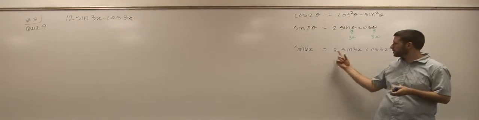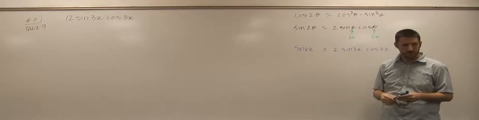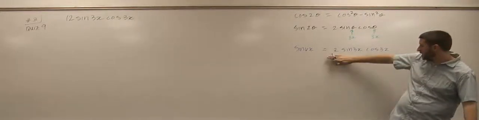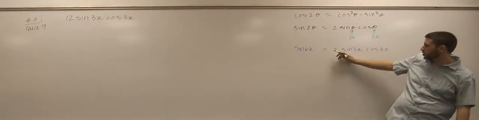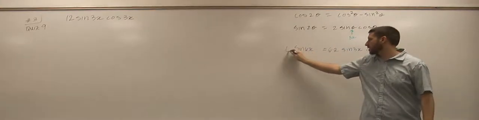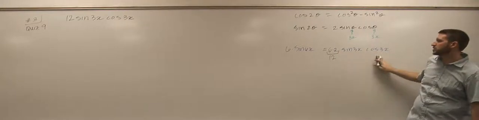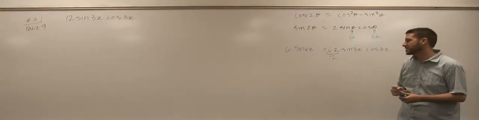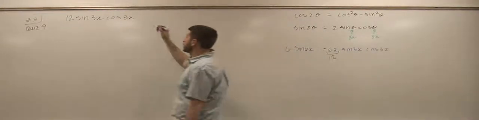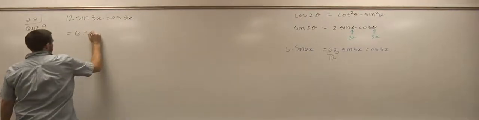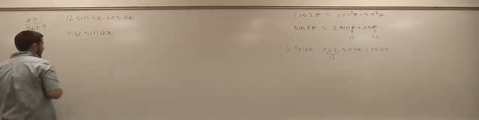So how do I fix up this 2 on the outside? Multiply both sides. Take this identity, which is always true, and multiply by 6. So 12 sine 3x cos 3x equals 6 sine 6x.